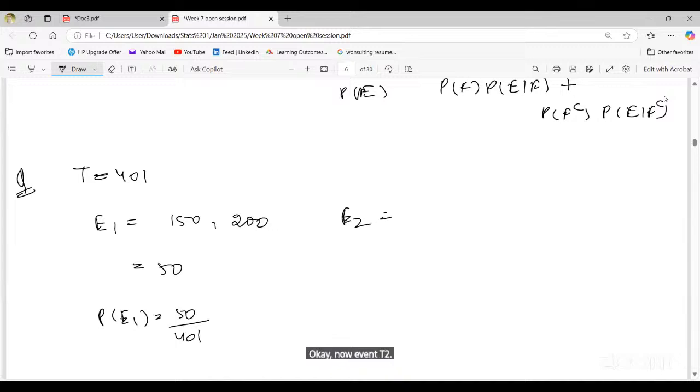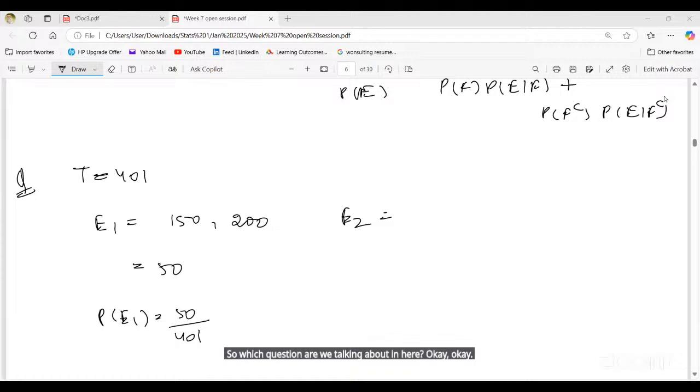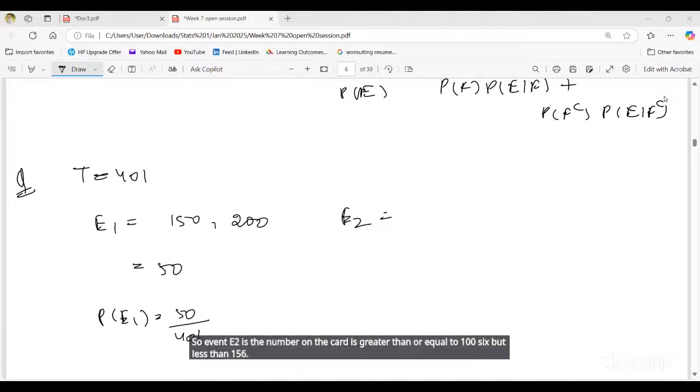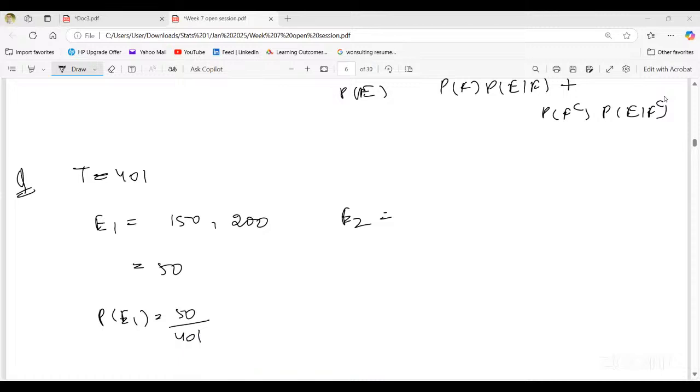Now event E2. Which question are we talking about here? Question 8. Okay. So event E2 is the number on the card is greater than or equal to 106 but less than 156. So again 50 numbers, I think.